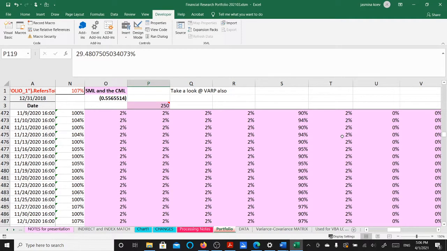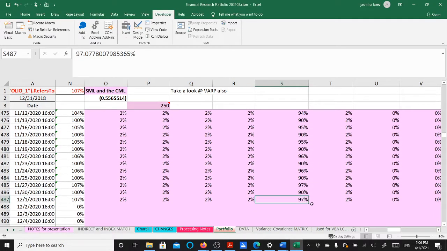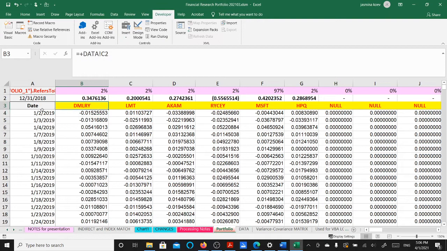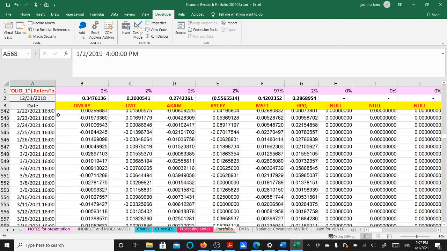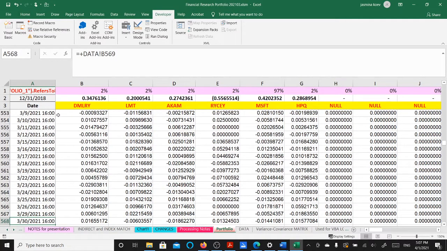And ultimately, it gave me approximately a 97% investment in our highest return stock, which was Microsoft, over this particular period, from January 2019 until almost April 1st, until March 30th.